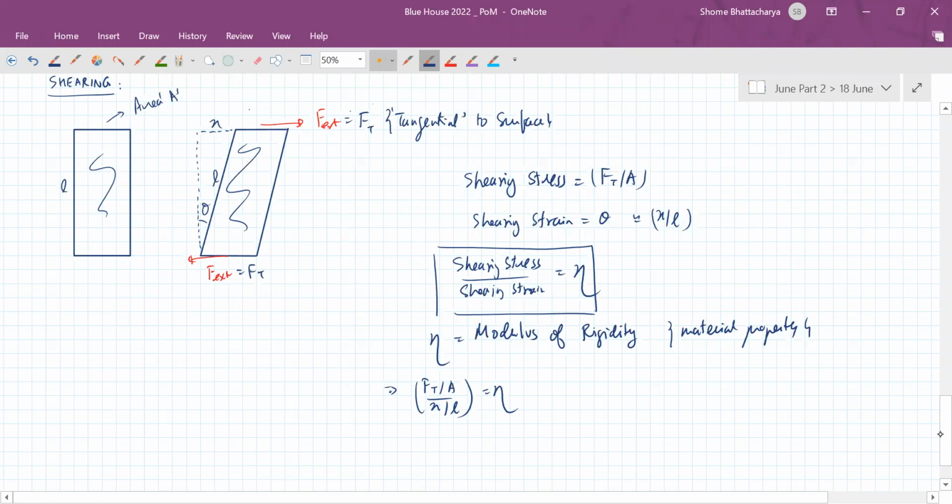Sorry, the modulus of rigidity symbol? Yes, it is eta. It's like n with a longer stick. That symbol is called eta. It's the Greek symbol. Okay.